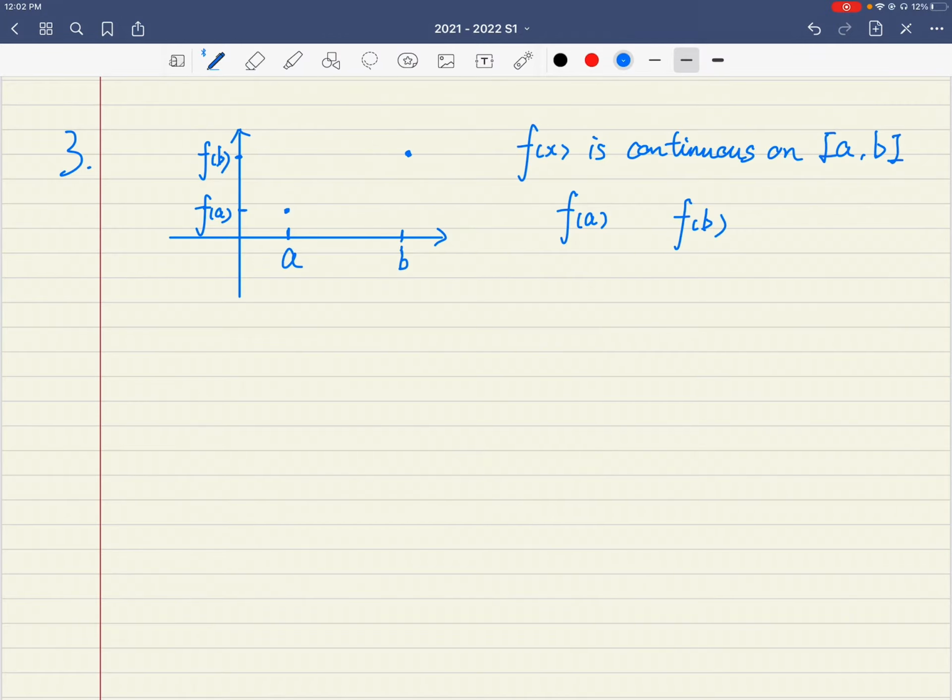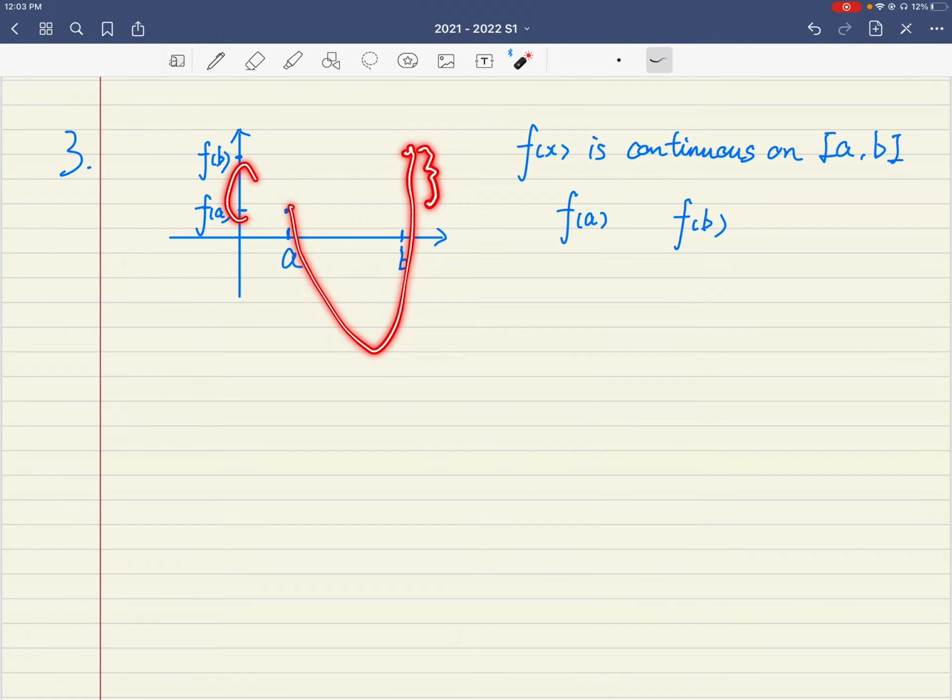Because it's a continuous function, I don't know the shape of the function, but when I connect these two points, no matter how I connect them, I will cover all the values between f(A) and f(B). Whether you draw a straight line or any weird curve, you will always cover all the values between f(A) and f(B).